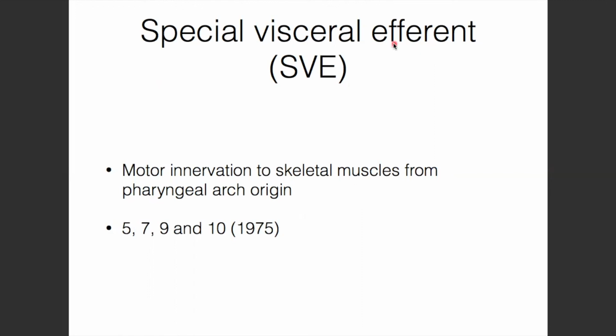The nerves that supply pharyngeal arch organ are fifth, seventh, ninth, and tenth. So five, which is trigeminal, facial, glossopharyngeal, and vagus. They're الأربعة they supply pharyngeal arches. We're going to talk a bit more in details اللي قدام about them.